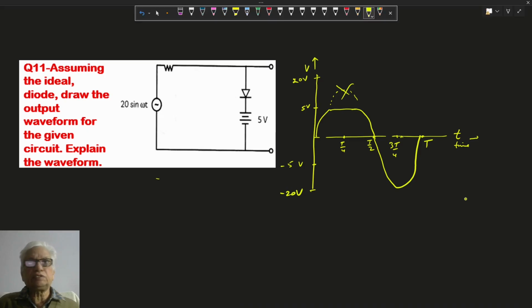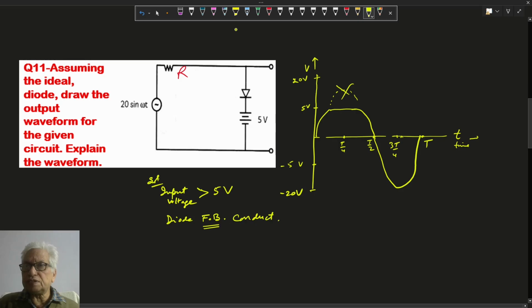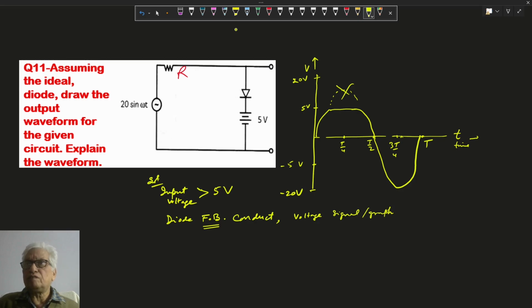Now in this question, if the input voltage is more than 5 volt, then the diode will be in forward bias. It means this diode conducts. If it is conducting, this voltage will appear across R and not across the output.